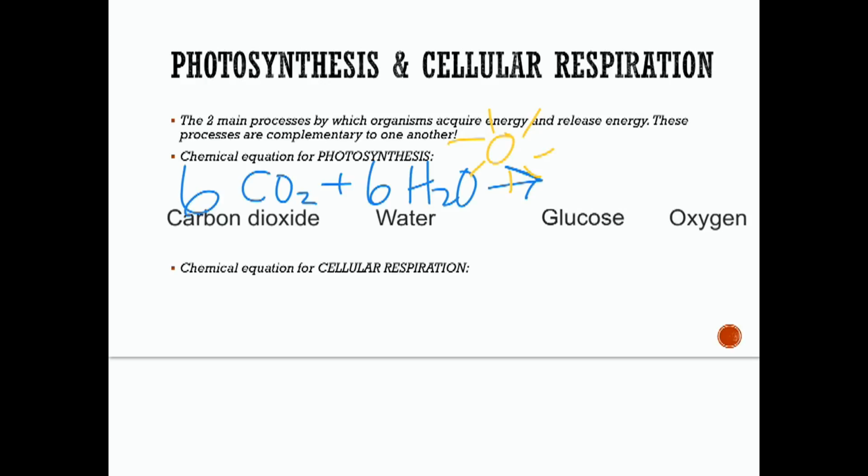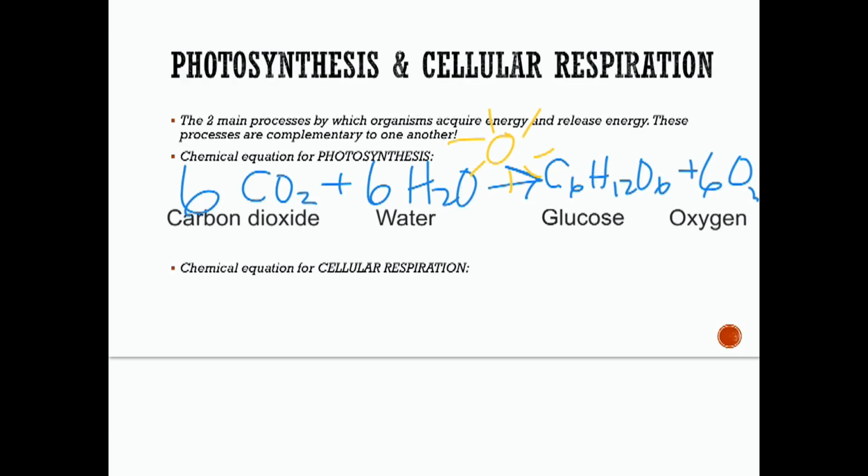Glucose is like sugar. It's like food for the plant. So it's C6H12O6 plus some oxygen. So yay, remember people breathe in oxygen, so plants actually produce that for us. So we've got 6 O2.